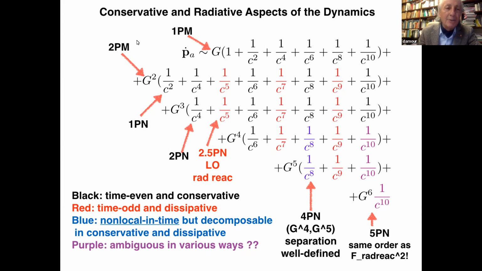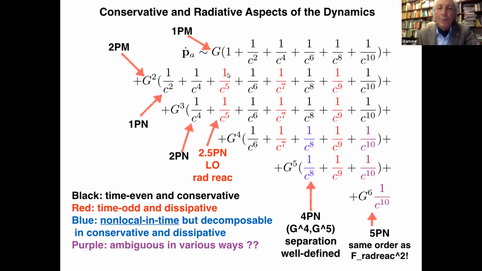Now, at the second post-Minkowskian level, G square, the first two terms, like the 1 over c square, would be a first post-Newtonian correction. You have the second post-Newtonian correction. And then at the 1 over c5 level, which is called 2.5PN, you start seeing terms which are odd in v over c, or in retardation also, actually.